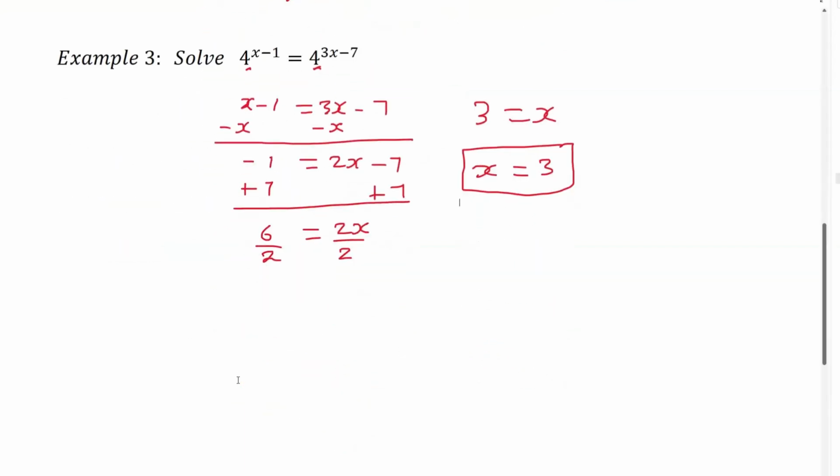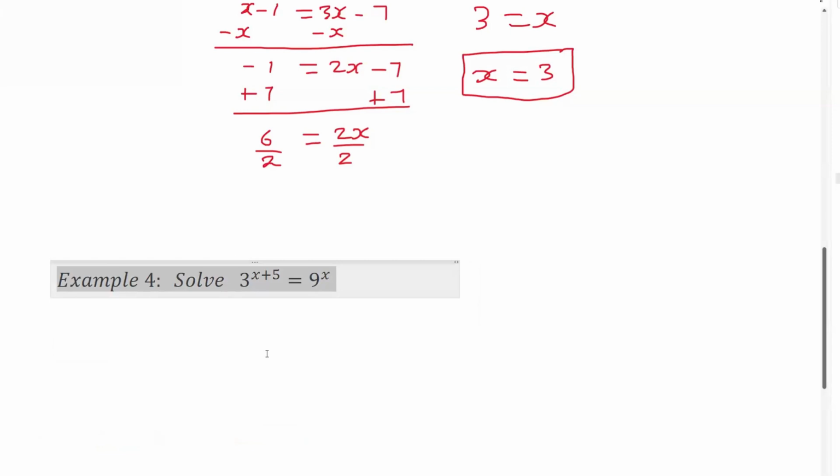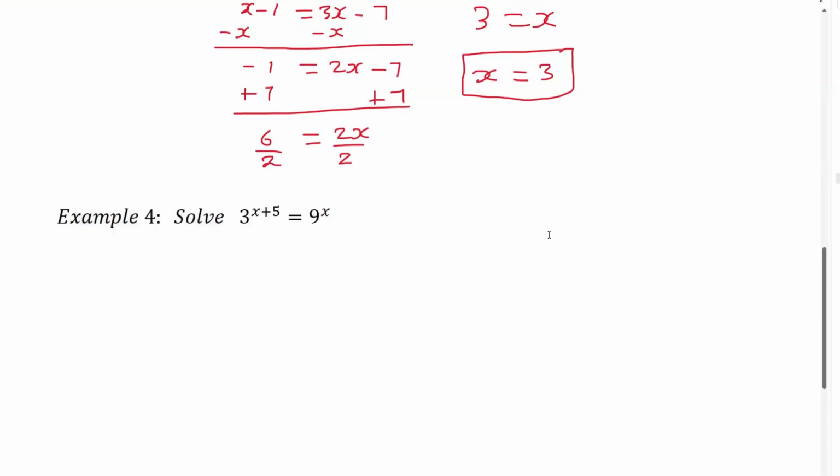All right, one more. And this one is, solve 3 raised to the power x plus 5 is equal to 9 to the x. Process is the same. We need the same base.